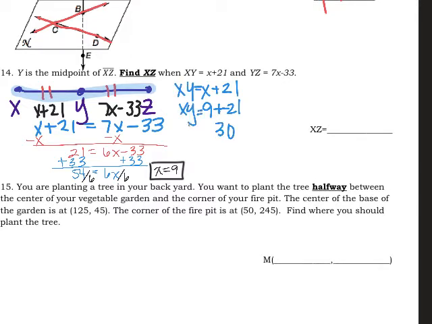If x to y is 30, how do I find the length of x all the way to z? It's the same on the other side too. 30 plus 30. So x to z is going to be 60. Good.